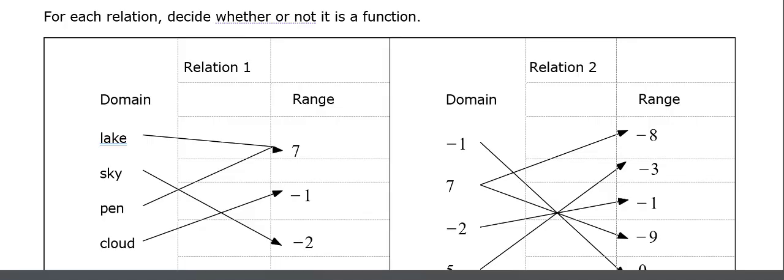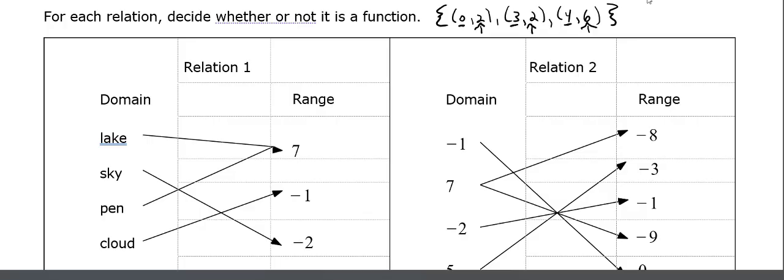So, for instance, if we had a relation, this would be a function because if you look at the domain, it's not repeating. Now, if it happens to repeat, it's okay as long as it has the same range value.